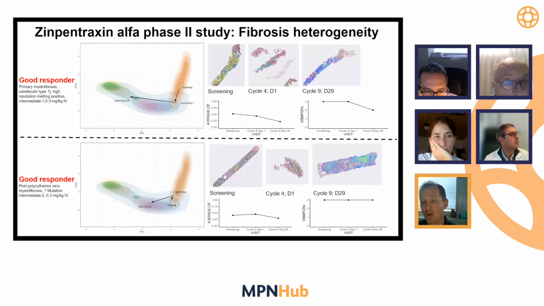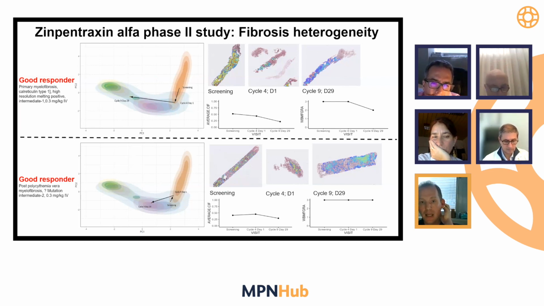But we can see in the top right-hand corner, compared to screening, this particular patient showed a significant improvement in their marrow fibrosis, near normalization of fibrosis, something we very, very rarely see in patients who are in our normal practice for MF. And a similar degree of improvement for the patient at the bottom, although again, the middle biopsy at cycle 4 is relatively small.